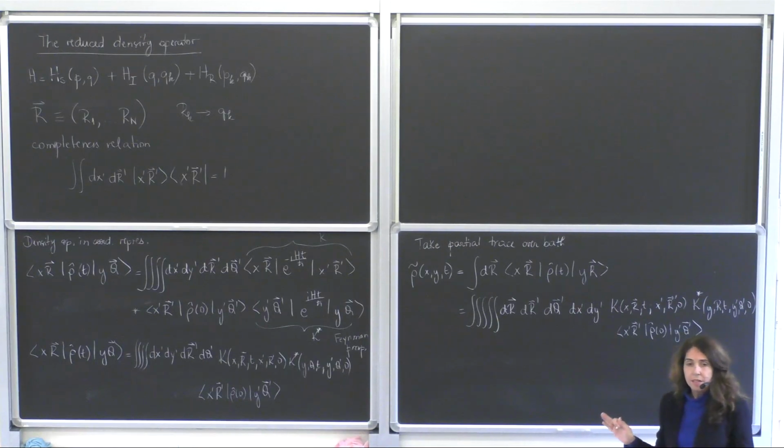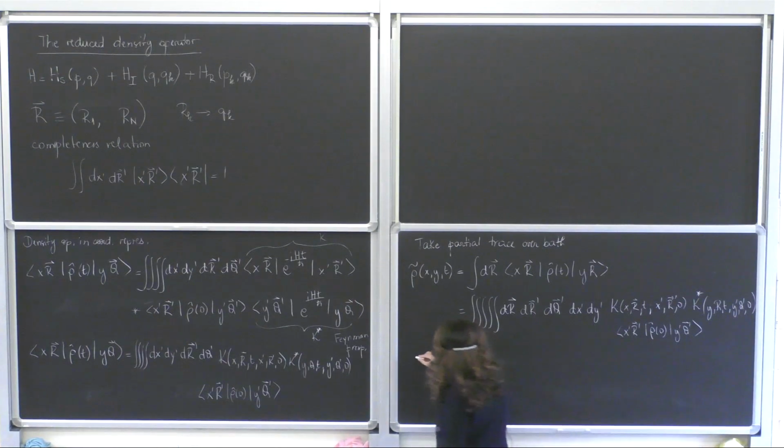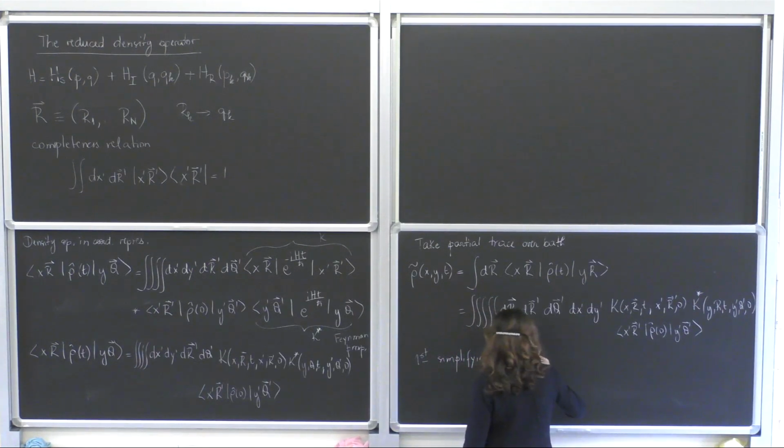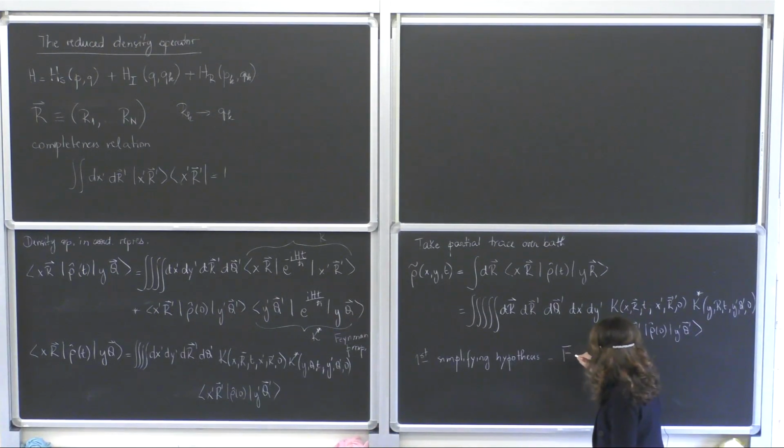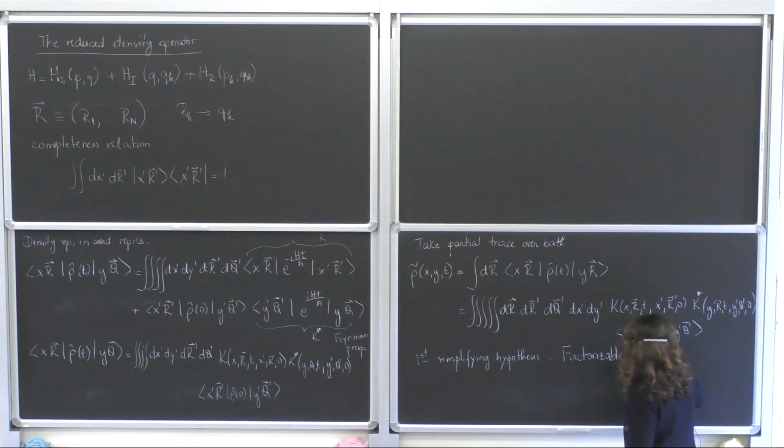So now, from here, we'll take the first simplifying hypothesis. And the first simplifying hypothesis is actually a very strong hypothesis. So here you have the density operator of the complete system at time 0. What they are going to assume is what is called a factorizable initial condition.